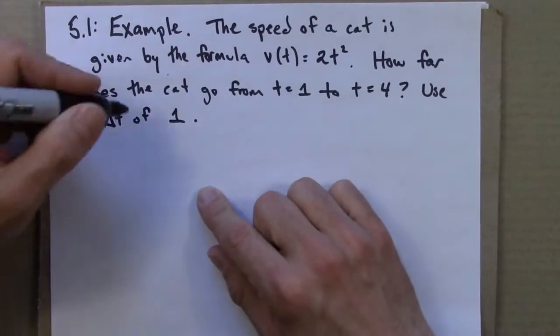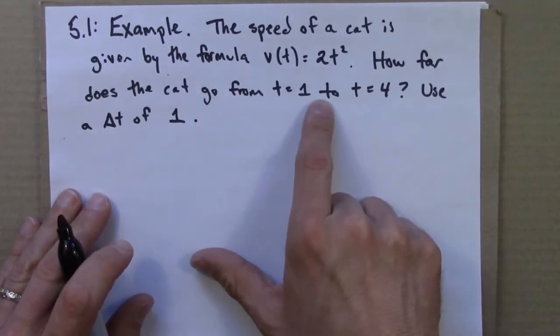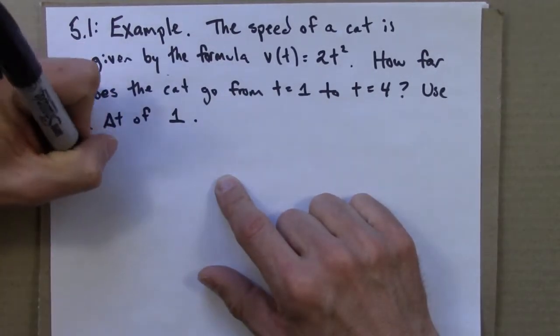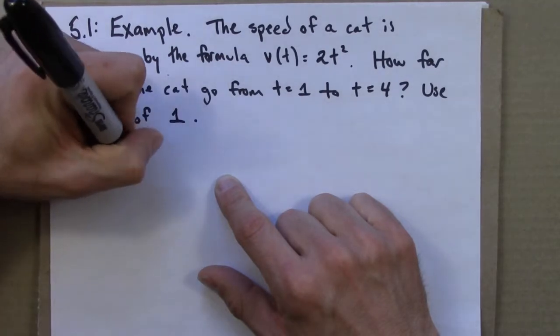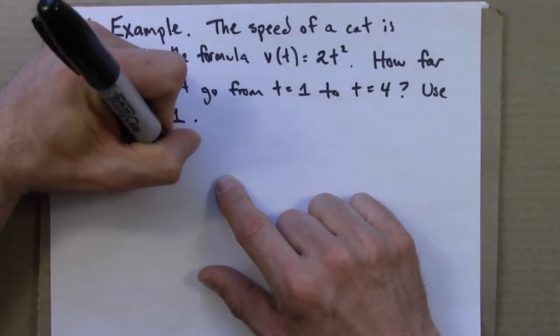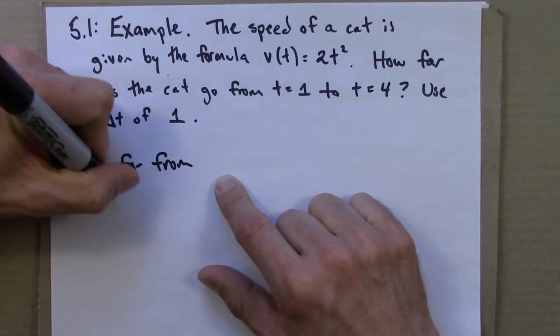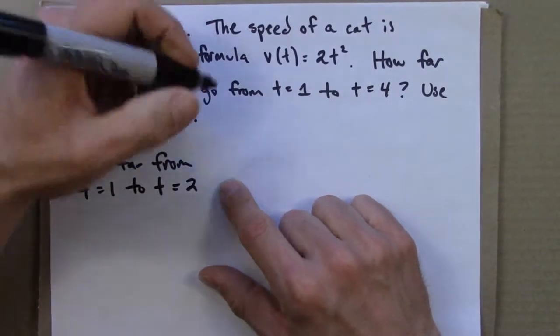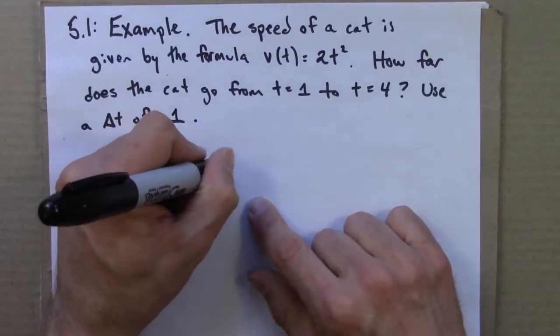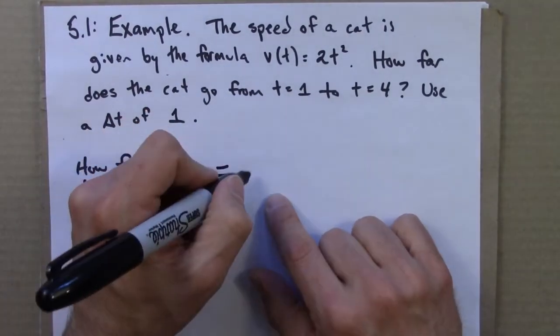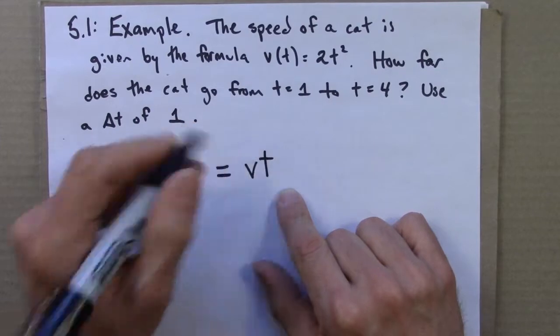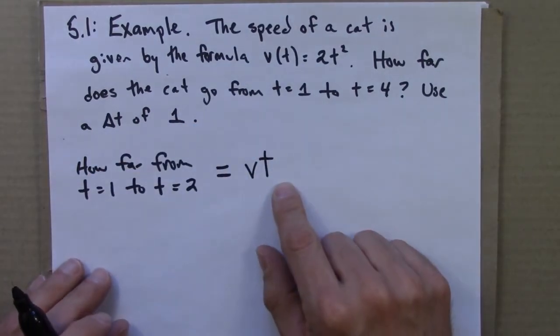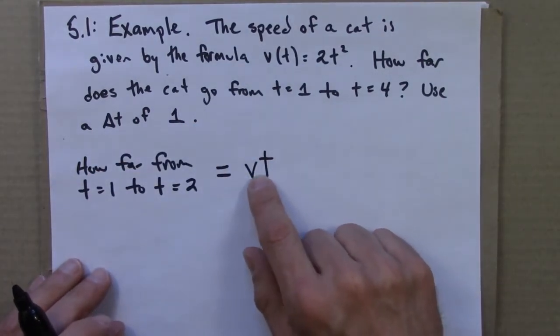All right, so how far does it go from t equals 1 to t equals 2? I'm going to use distance equals rate times time, and we'll have to think about what we're going to plug in here.